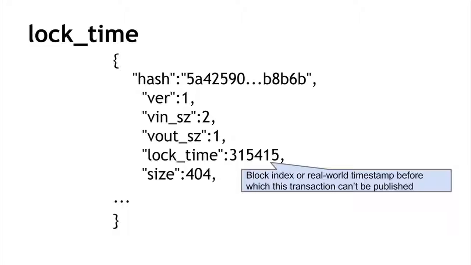The transaction is invalid and can't be published until either a specific block number or a specific point in time based on the timestamps that are being put into blocks. So this is a way of preparing a transaction that can only be spent in the future if something else doesn't happen. And it works quite nicely in that micropayments protocol as a safety valve for Alice to know that if Bob never signs, eventually she'll be able to get her money back.